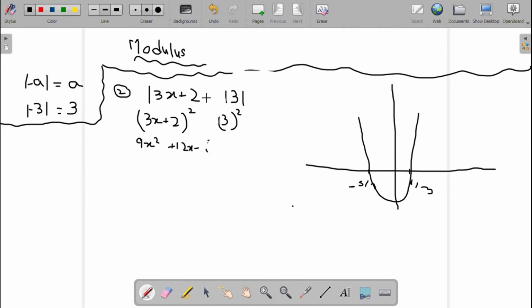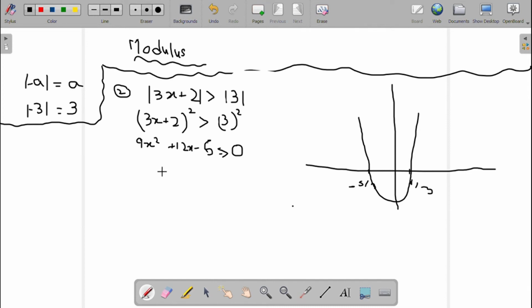So our quadratic equation was minus 5 greater than 0.